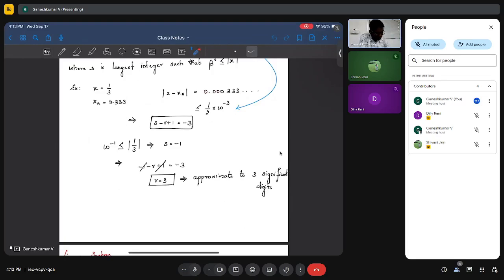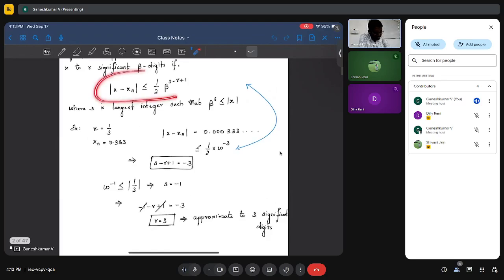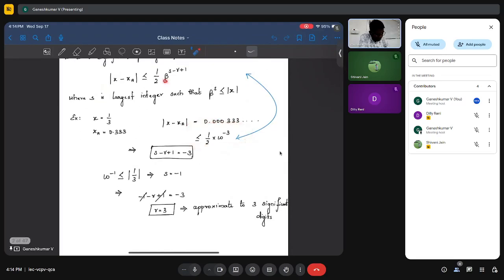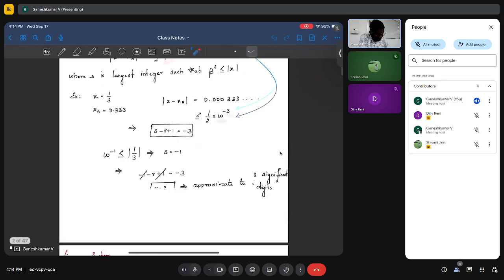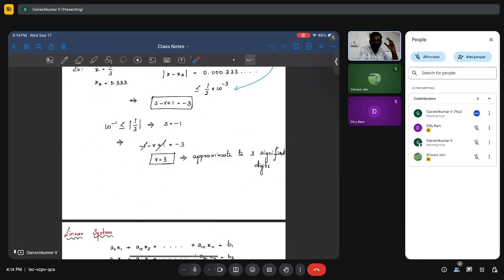We can write it as less than 0.5 times 10 power minus 3, because this formula has 0.5 in it. So in this case beta becomes 10 and s minus r plus 1 equals minus 3. This will give you r to be 3, which means up to 3 decimal places you have approximated your value exactly. That is what this means.